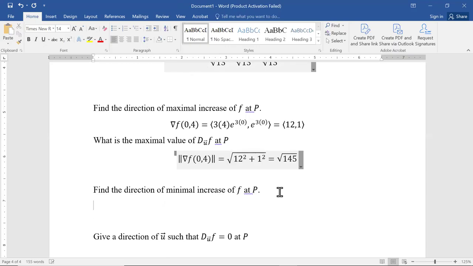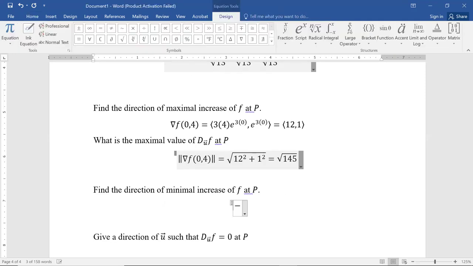Our direction earlier. Now the direction of minimal increase is just going to be the negative of the gradient, again, upside down delta of f at (0, 4). And that's negative 12, negative 1.